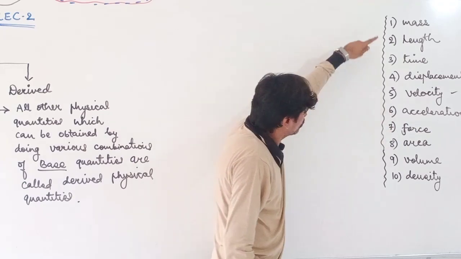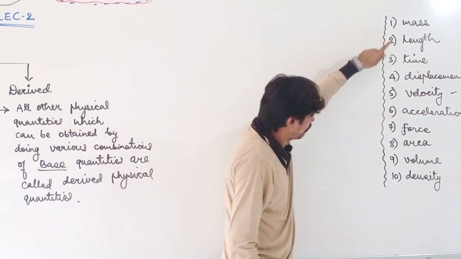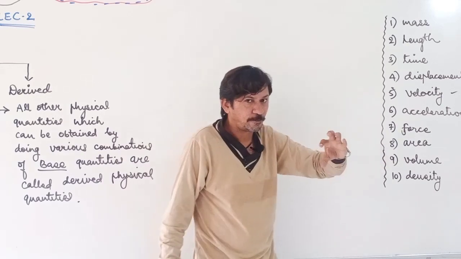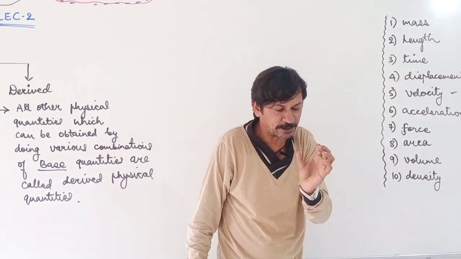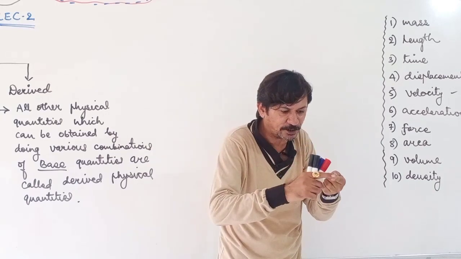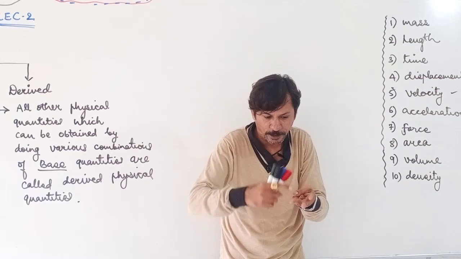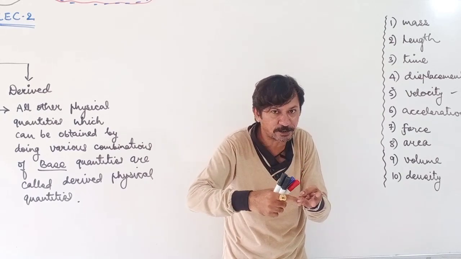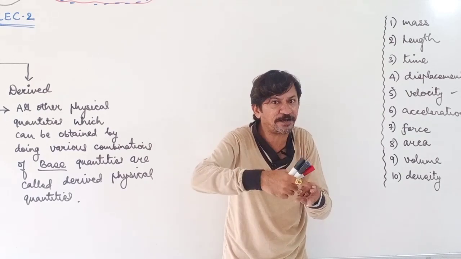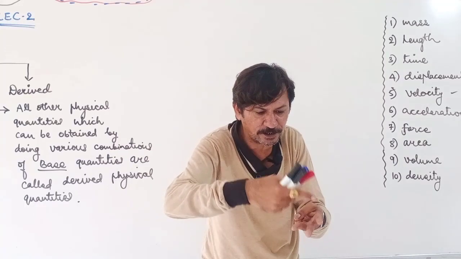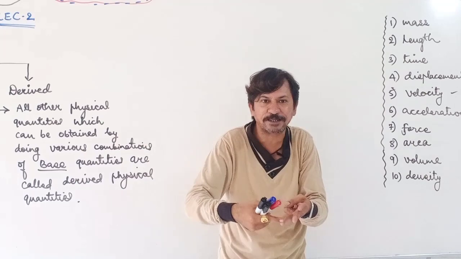Okay, think about the difference between length and volume. Volume is defined as, or a formula of volume is length into breadth into height, as you know. Now breadth and height both are equivalent to length, means all the 3 physical quantities length, breadth and height are measured in the same unit.